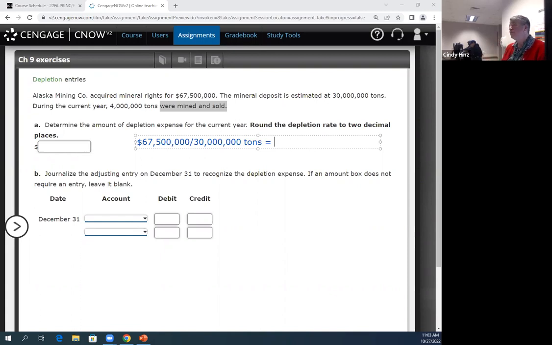And that's important because sometimes we know that there are deposits that are not readily accessible or not accessible using the current technology. Or it's not worth it to continue trying to get at the last bits of it that are going to cost more and more to extract. And so when it tells us the mineral deposit is estimated at 30 million tons, that means that's how much we expect to extract.